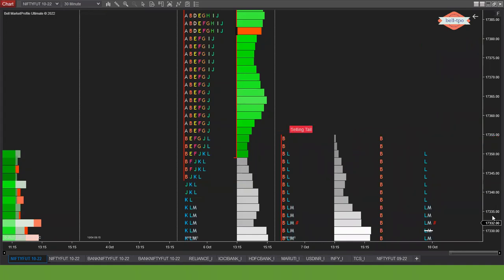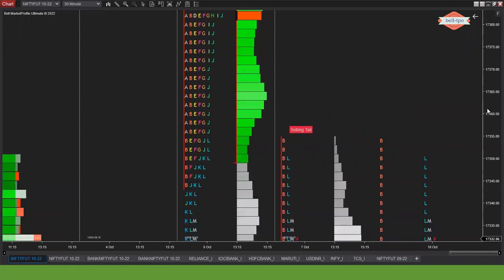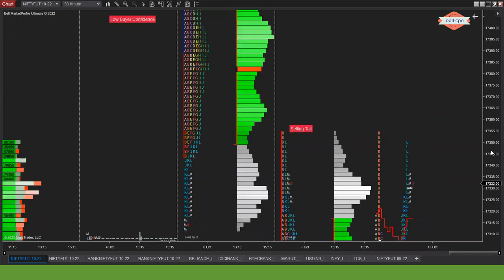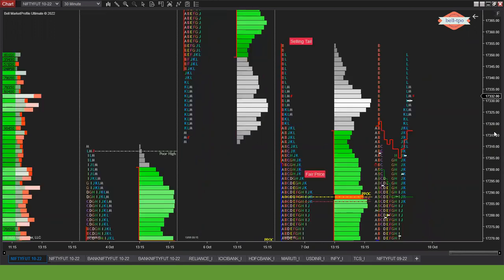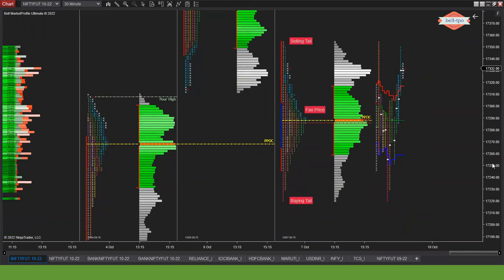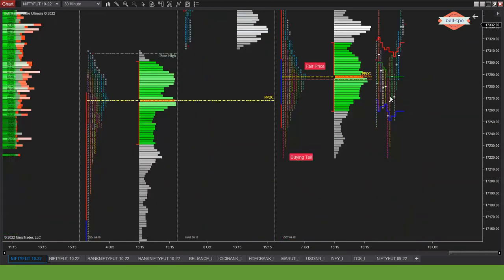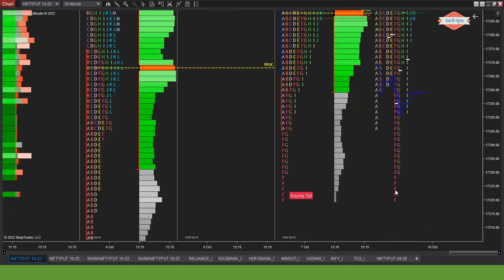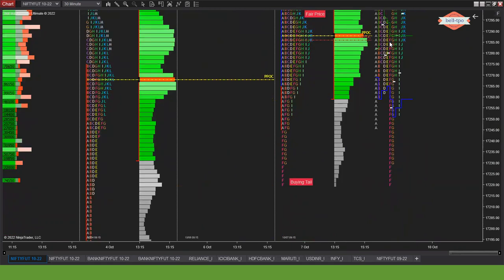However, at the bottom, it's the exact opposite. Let me go back to the bottom of that day. You can see that price at F period was breaking crazily. It was a crazy breakdown, almost from 17,190.